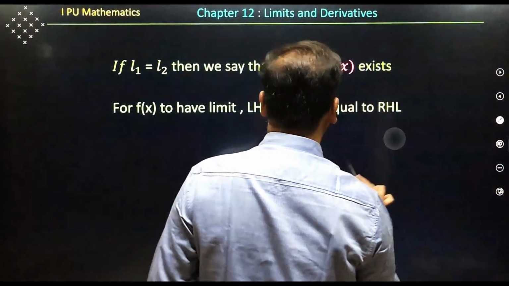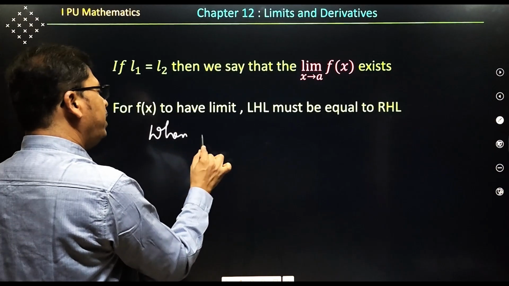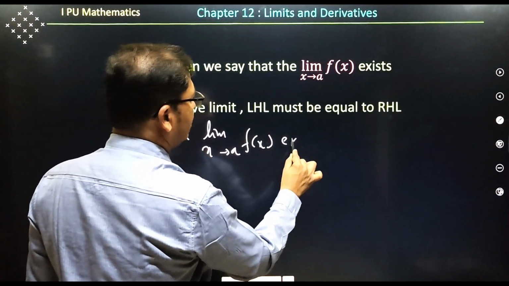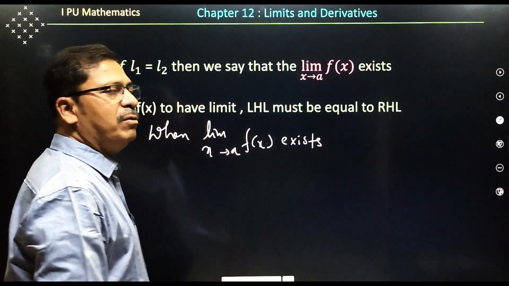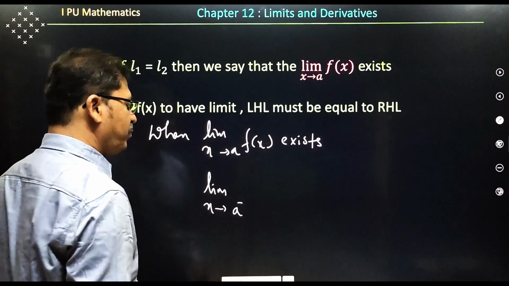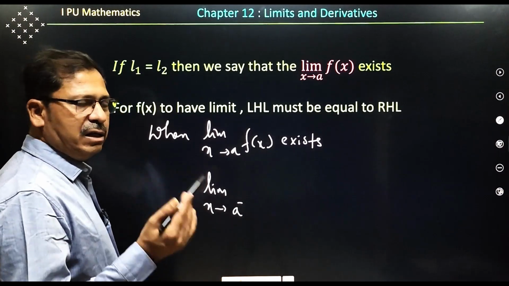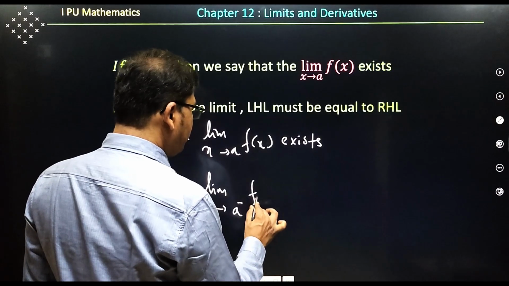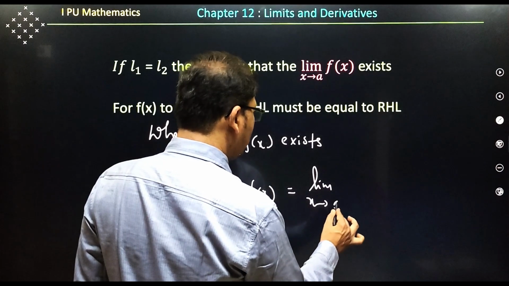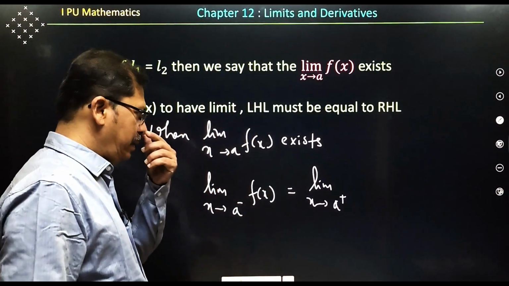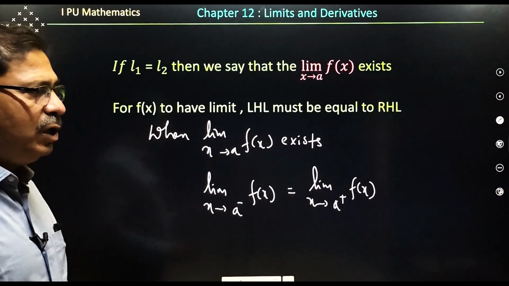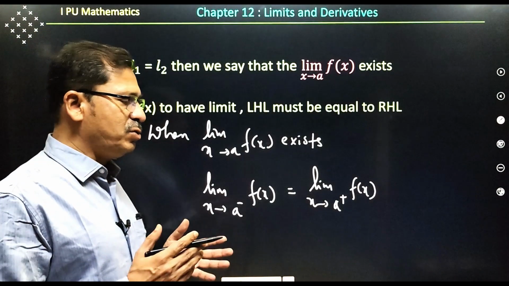When the limit as x tends to a of f(x) exists, it is compulsory that the limit as x tends to a minus, meaning the value of x is slightly less than a, of f(x), that is the left hand limit, must be equal to the limit as x tends to a plus, the right hand limit, of f(x). These two must be equal. Then only the limit as x tends to a exists.